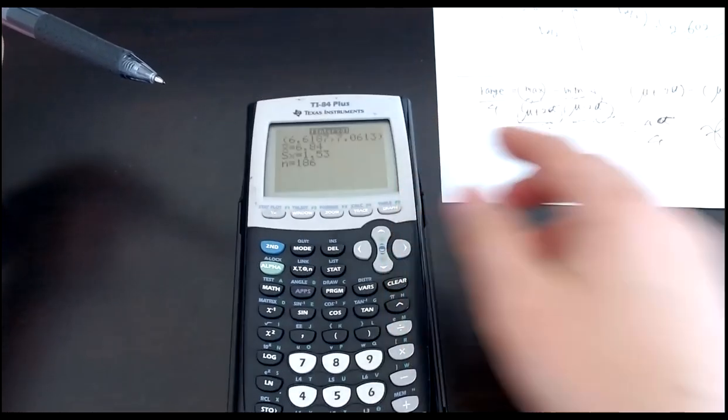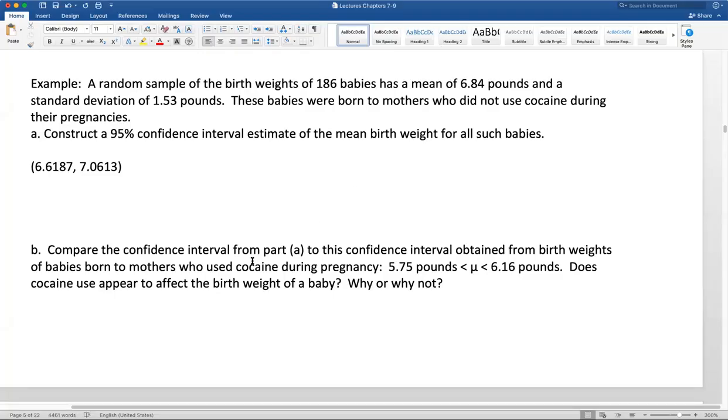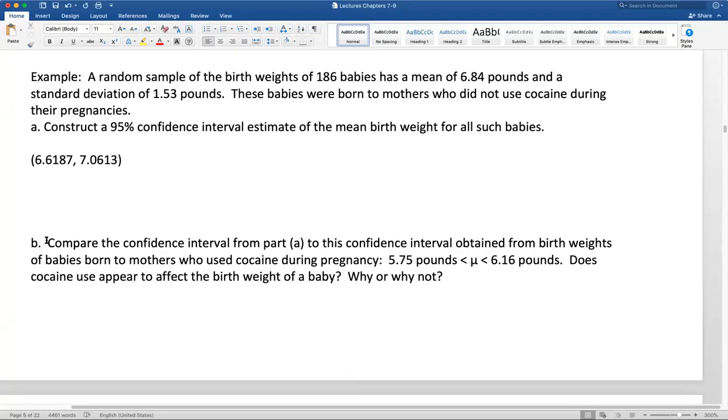Okay, so now the next question in the same example. Compare the confidence interval from part A to this confidence interval obtained from birth weights of babies born to mothers who used cocaine during pregnancy.